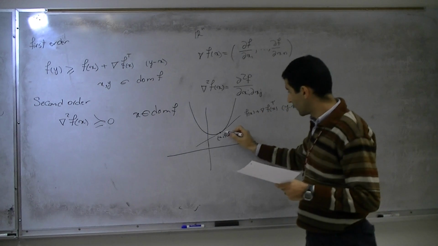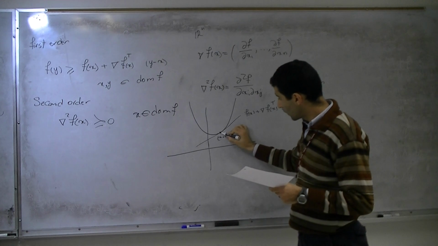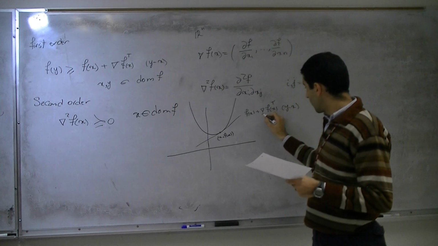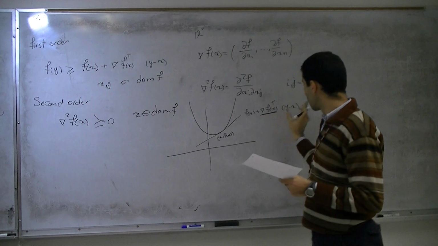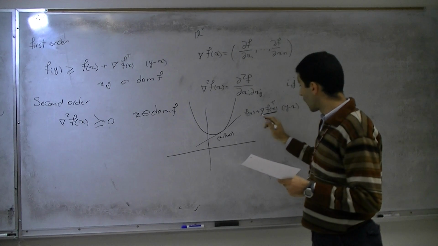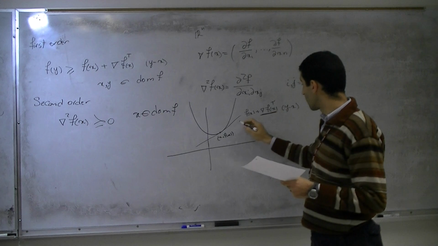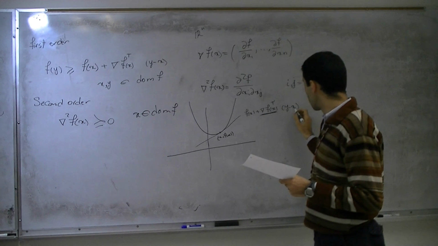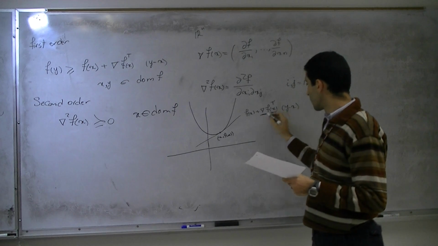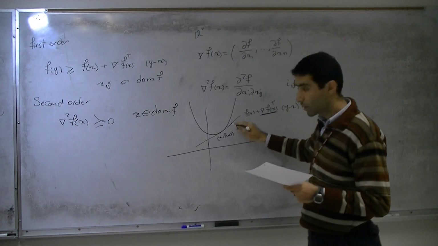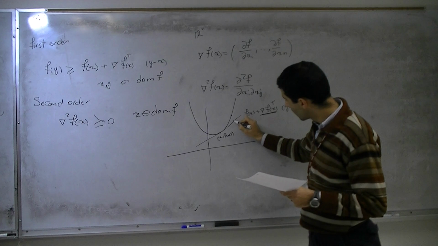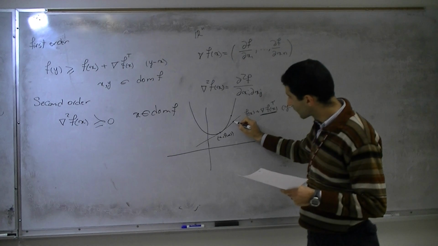If we have this condition that for each point here, the differentiation of the function multiplied by y minus x plus the value of f of x is less than the value of the function, because the original value of the function is this one, but this function is estimating something here.